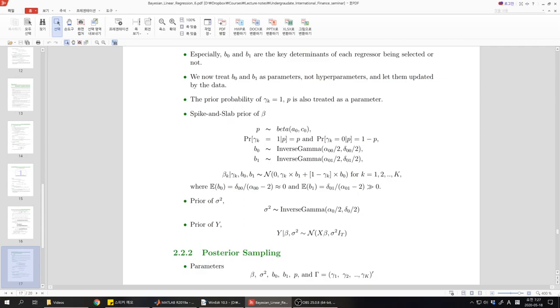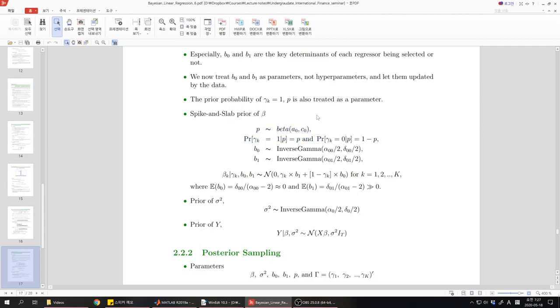Now previously it was fixed at 1/2. Now we have no idea, so we are going to estimate P, because P can be quite different from 1/2. It could be close to 1 or 0. So we would like to update P using the data. Again, we are sampling P now.